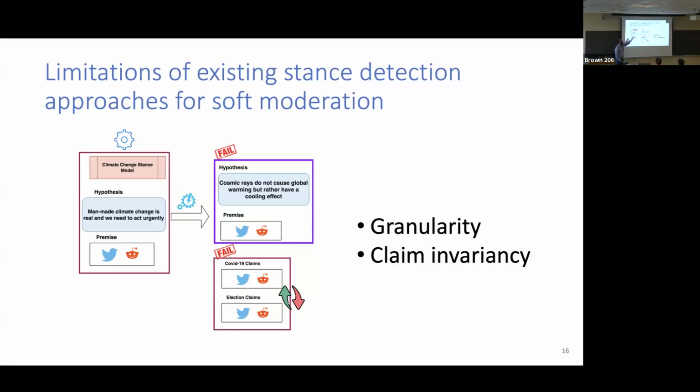For one, they're not quite granular. If you look at 'climate change isn't real' type of claims, they fail to flag more granular claims that identify specific claims or evidence that climate change isn't happening, like 'ice in the poles was melting before,' whatever it might be.